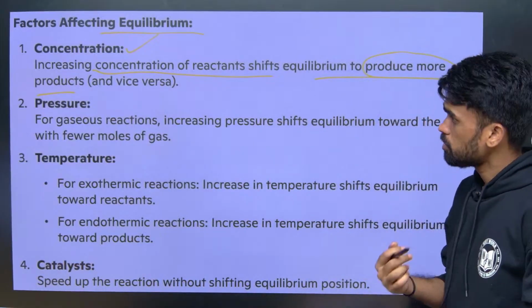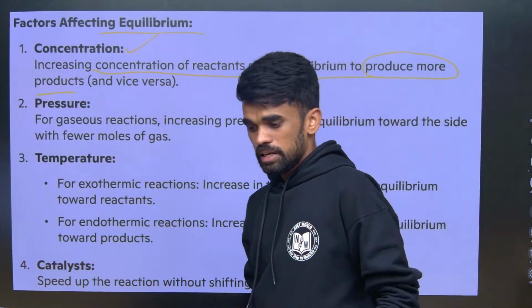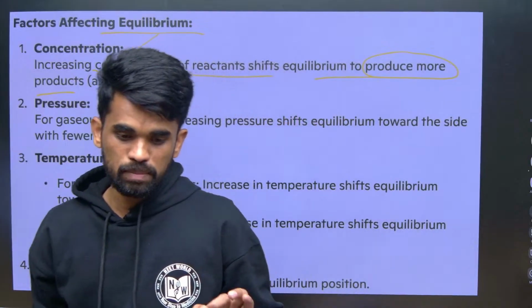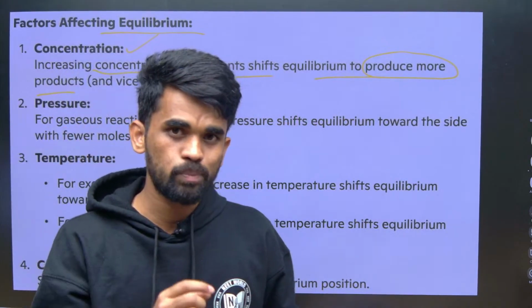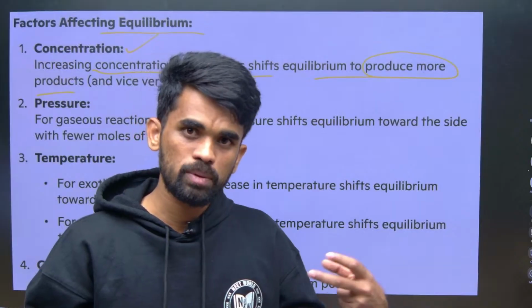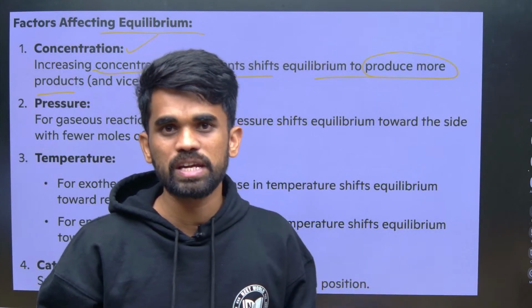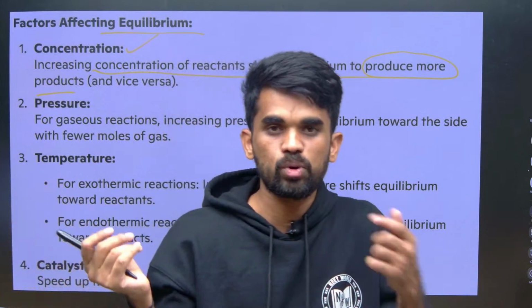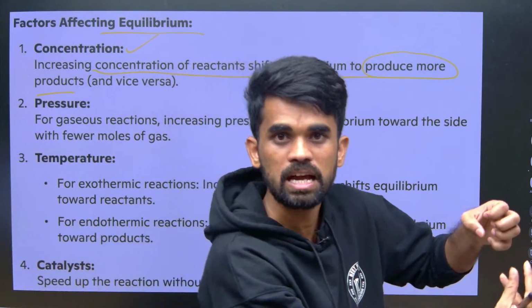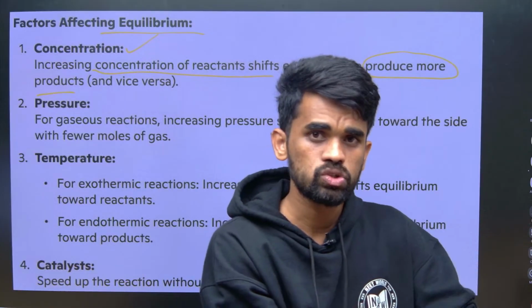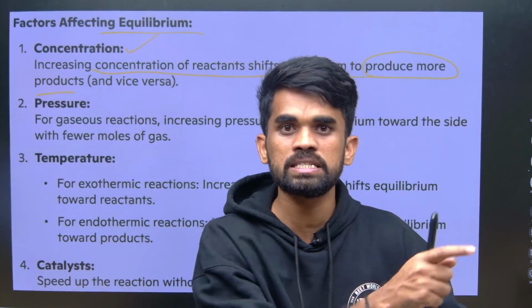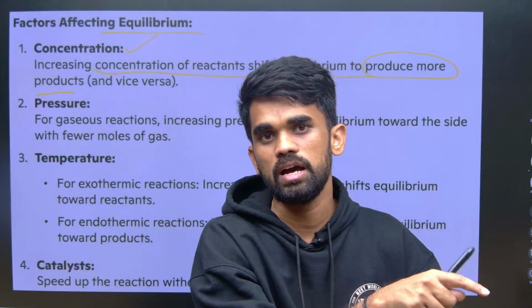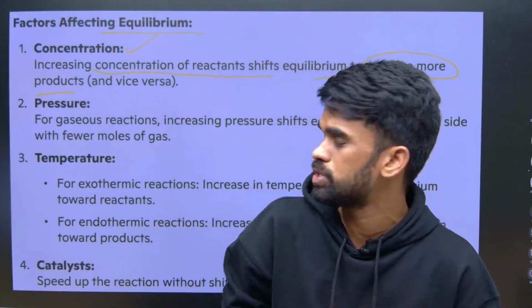It means if a reaction is taking place at equilibrium and we want to produce more product, we can either increase the concentration of reactant, therefore more product is produced, or decrease the concentration of product, therefore the equilibrium shifts to increase the product concentration to rebalance it. So these are the two steps we can take.